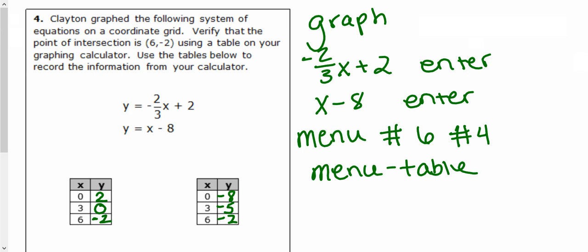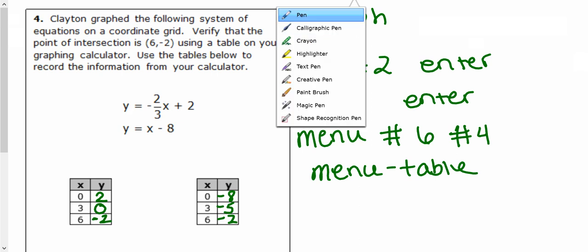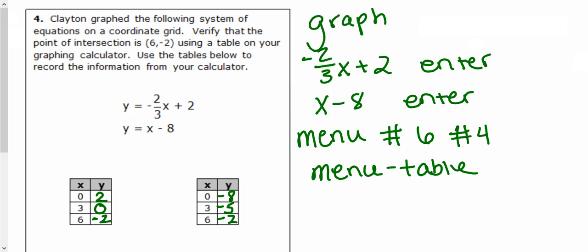Okay, so what is my point of intersection? Where do they intersect? What is the solution to my graph? My solution to my graph is always the point of intersection that is the same. For both of them, I can see that I have 6 and -2.